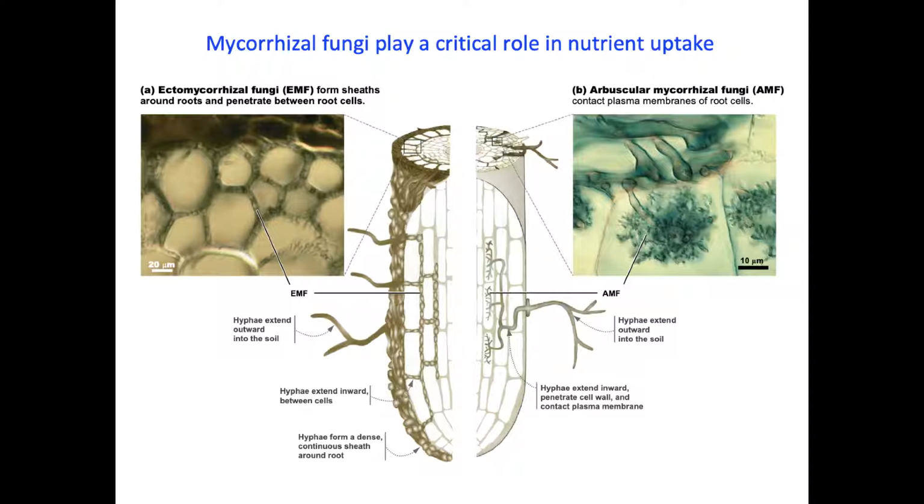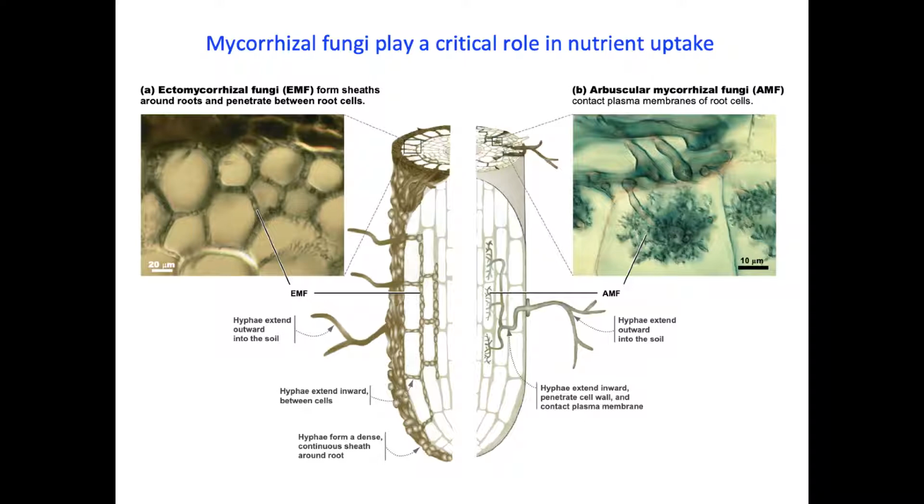On the left, you can see ectomycorrhizal fungi, which form a sheath surrounding the root tip, penetrating inside the root, in between the cell walls of the plant root. From that point, the hyphae extend outward into the soil, and they form a very dense, continuous sheath layer around the root.